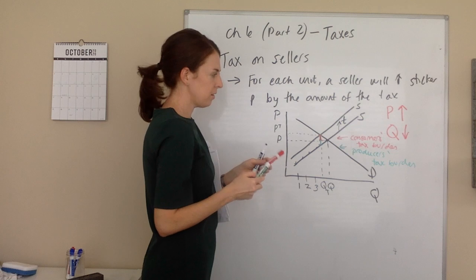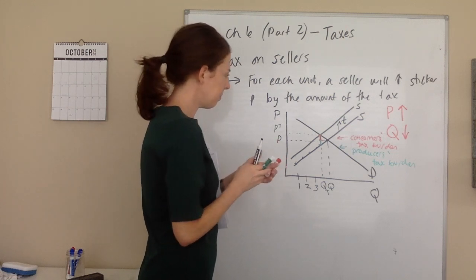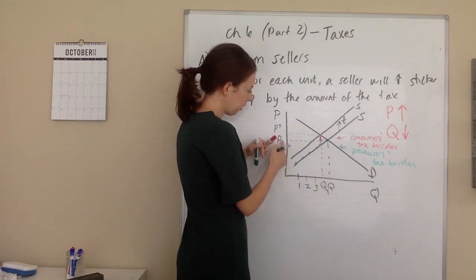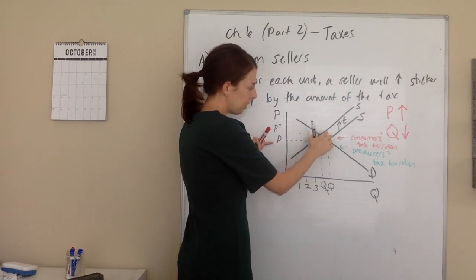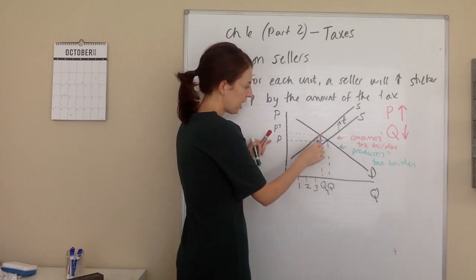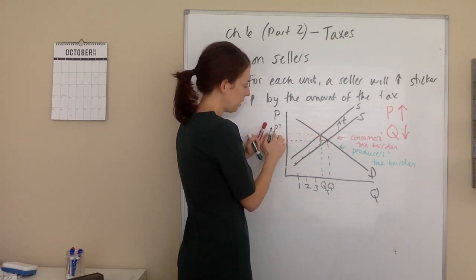Okay, the intuition for why this is the producer's tax burden: the idea is, I'm Publix. Originally I was selling each bottle of Coca-Cola for P. Now I'm selling it for higher, but after the market shakes out, the new equilibrium price is going to be PT.